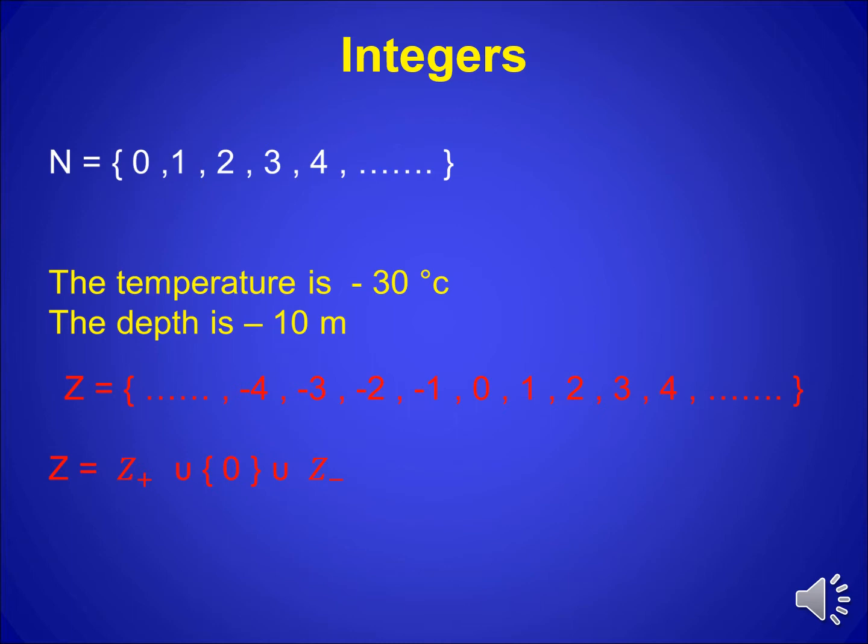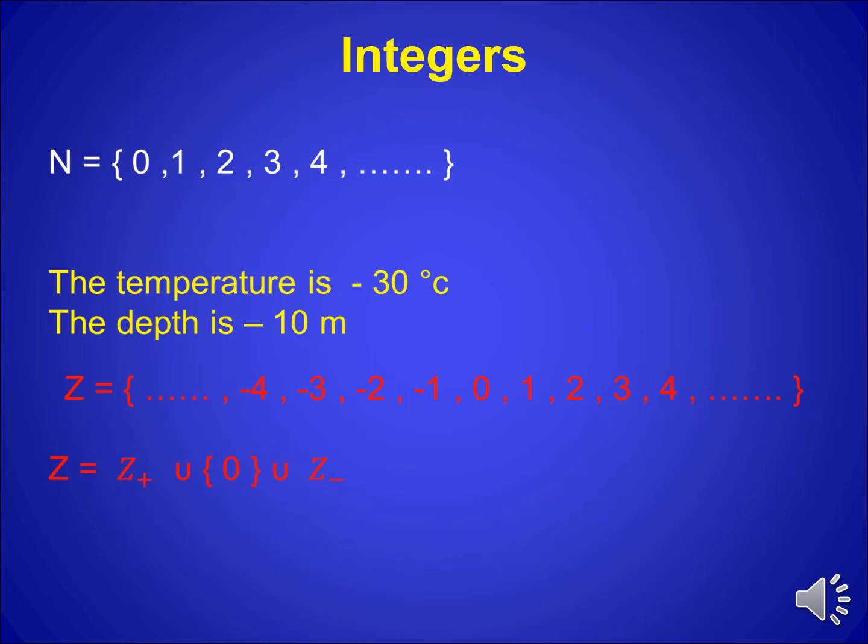So 10 meters below sea level means 10 meters smaller than zero. So I call the depth negative 10 meters. So I also have a number smaller than zero in real life.